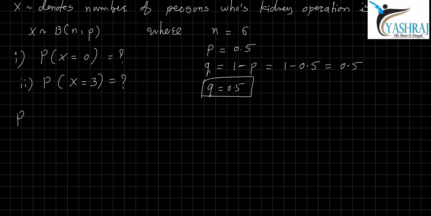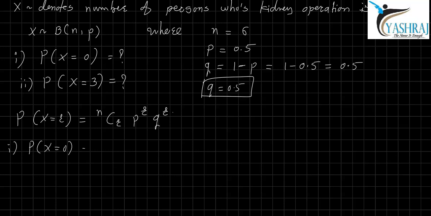So for finding first P of x equals 0, we have the formula P of x equals r is nCr into p to the power r into q to the power n minus r. For P of x equals 0, the r value becomes 0 now. Try to replace the known values. We get 6C0 into 0.5 to the power r, which is 0, and q to the power, actually n minus r, not r. The q value is 0.5, and now 6 minus 0 becomes 6. 6C0 is 1, and anything to the power 0 is 1.